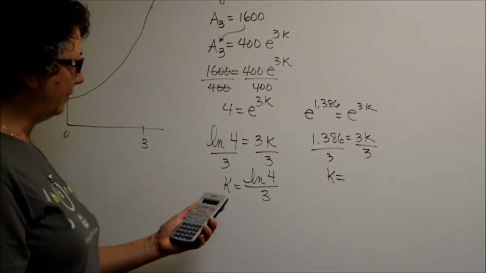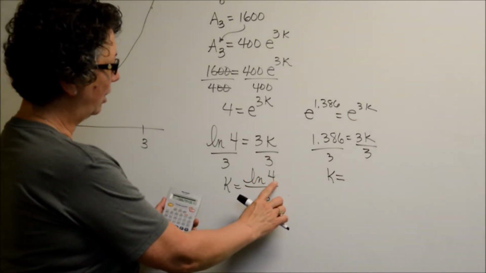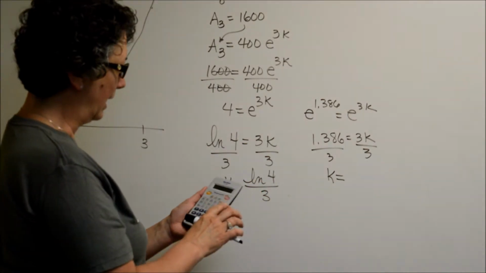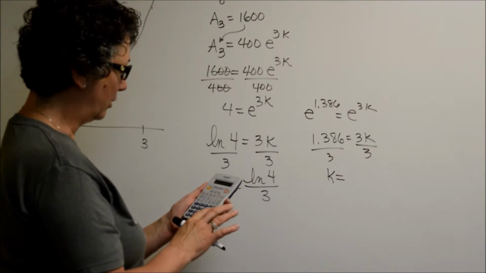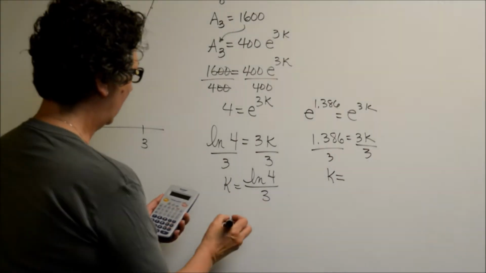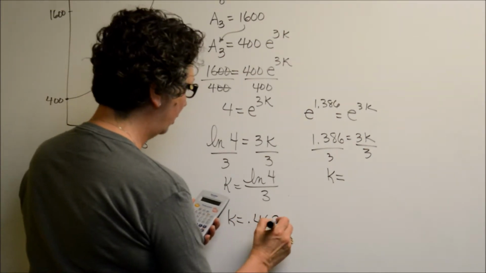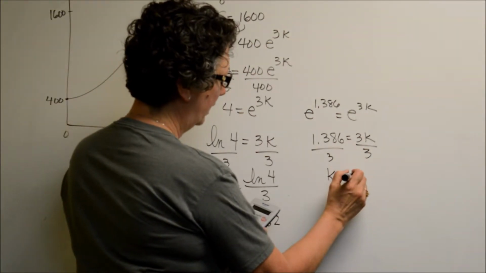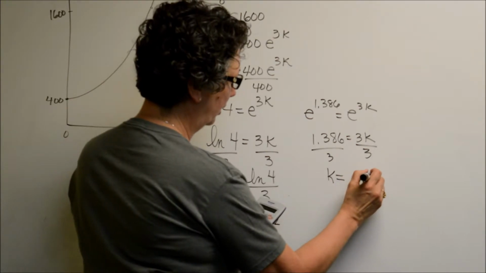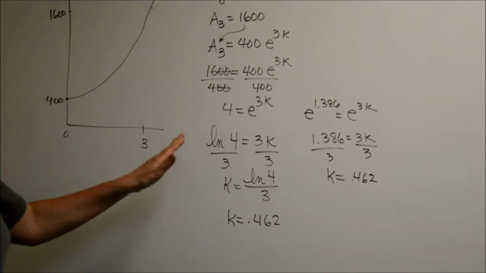I'm going to get the same thing over here because I'm going to take the natural log of 4, which is what I have right here, and I'm going to divide it by 3. And I'm going to get k is equal to 0.462. That's what I get over here, 0.462. So two different ways I can show this.